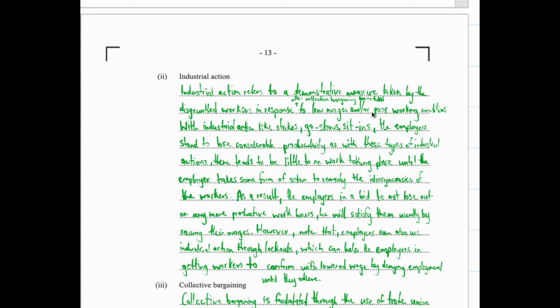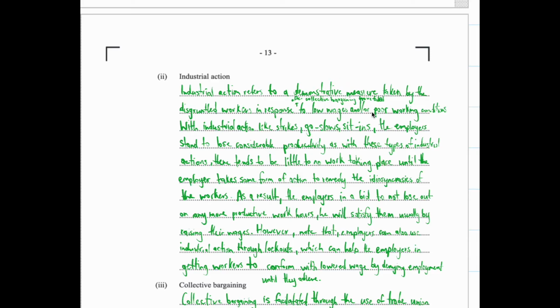So that is how industrial action can be utilized as a response to unfavorable collective bargaining.